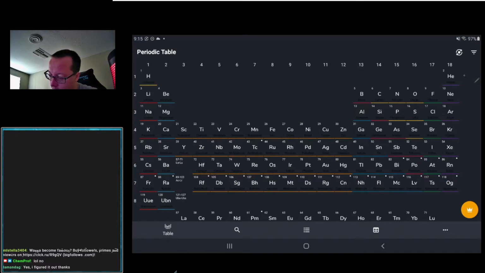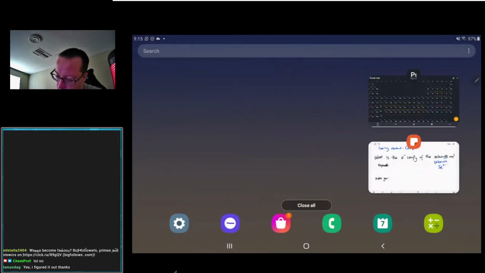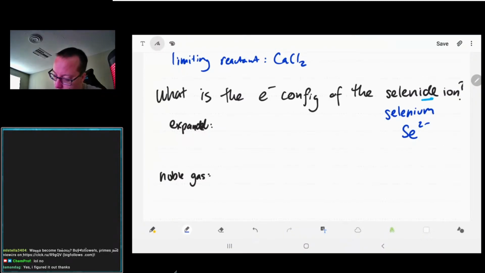If we look at our rows, it's in the 4th row of the periodic table. So that tells us its last electrons are going to be 4p4. So we know that it's going to end with 4p4.